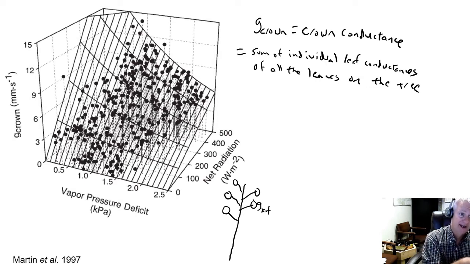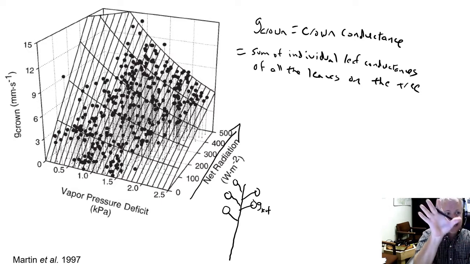In this case, we've plotted crown conductance versus vapor pressure deficit and net radiation. So you can see the positive effects of radiation on this axis, where crown conductance increases with that axis, but is simultaneously reduced as vapor pressure deficit, or the dryness of the air, goes up.